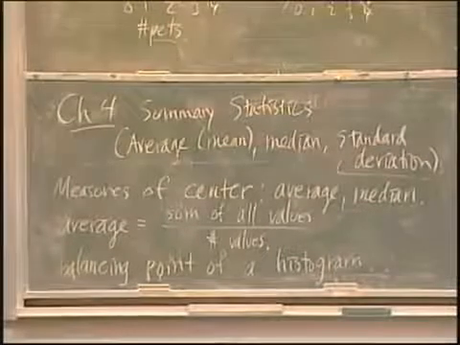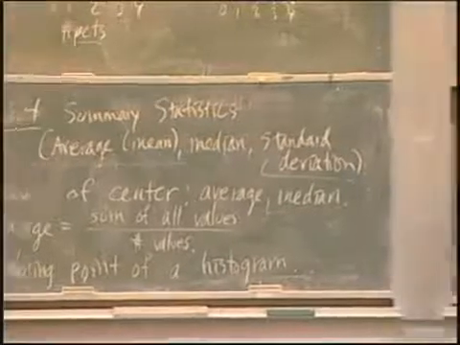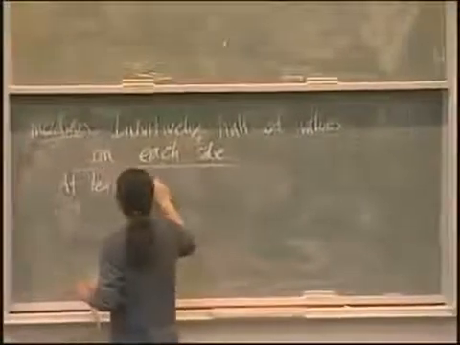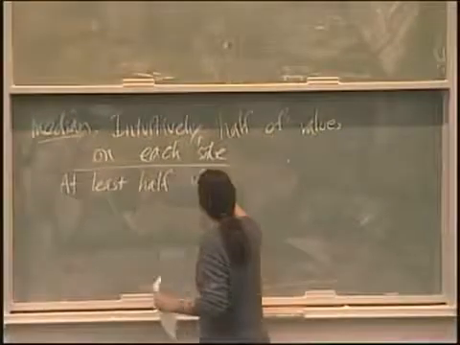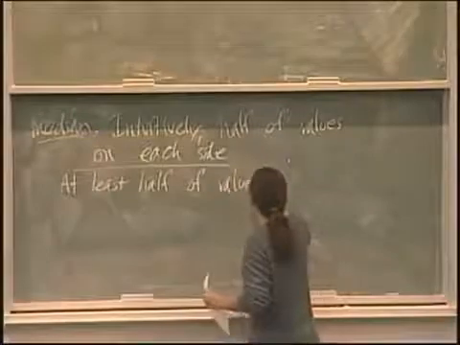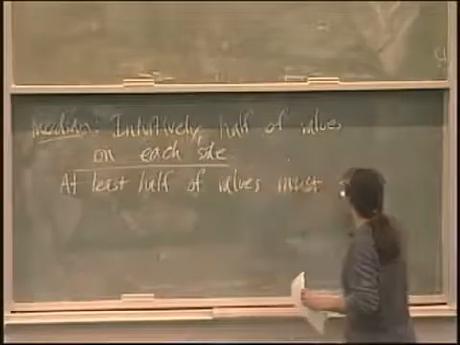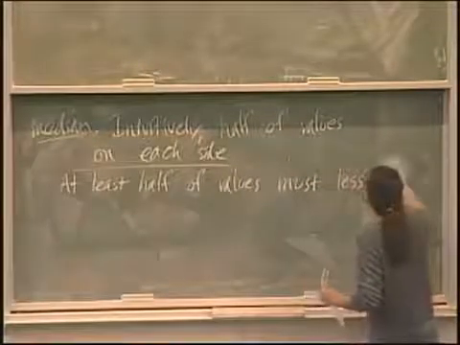So a little bit more technical definition is that at least half of the numbers or values must be less than or equal to the median.